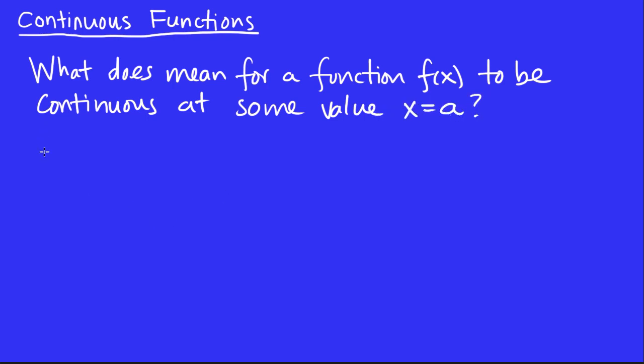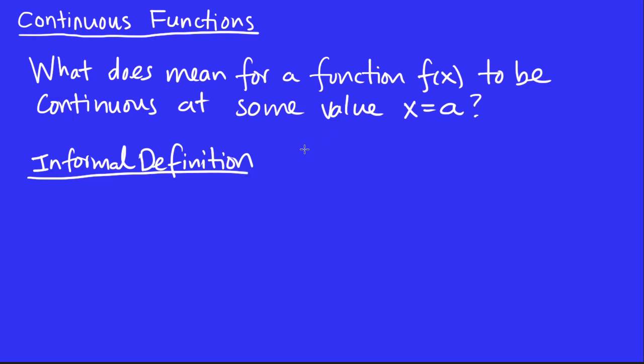Well, the informal definition that I'm going to give is as follows. If we look at the graph of f, and there's no breaks in the graph at x equals a, then that's what it means to be continuous, informally.